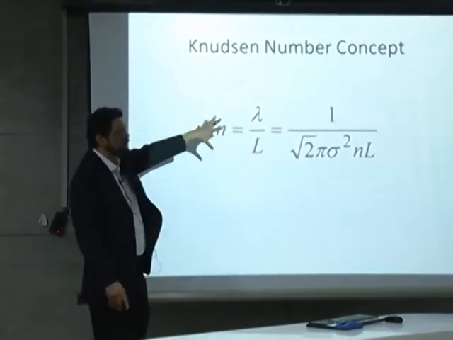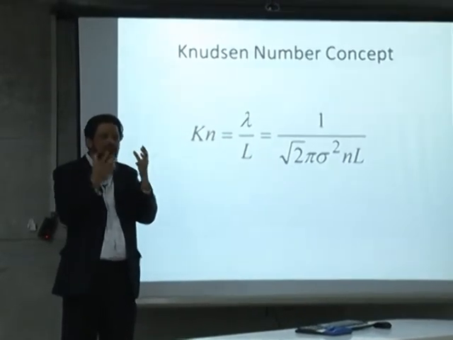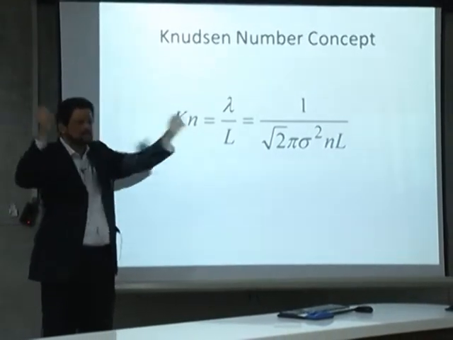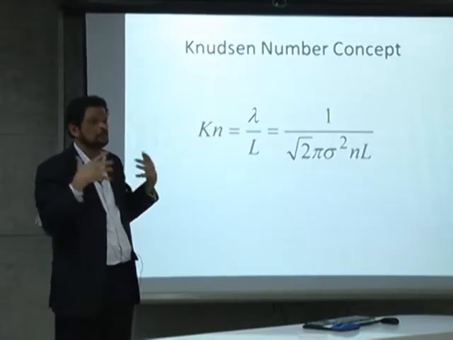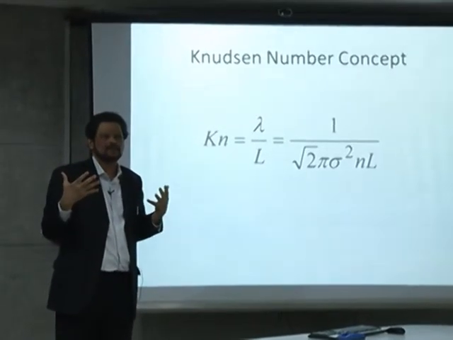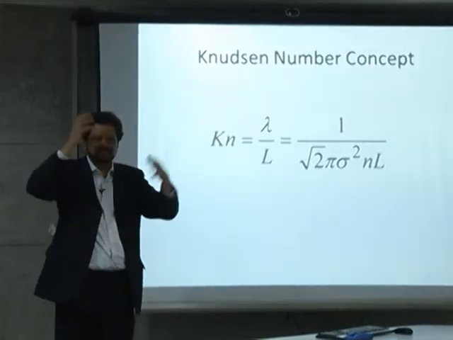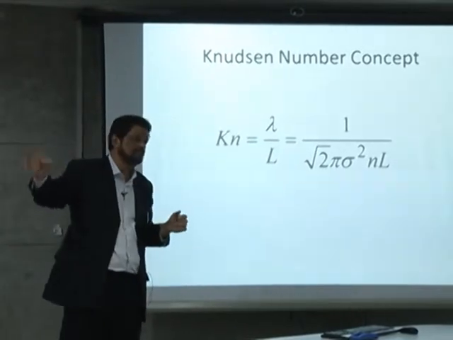What Knudsen number is about is that if you look at the different particles or molecules, oxygen, nitrogen, in air, which are going around and they're hitting each other, their motion, do you know what it is called? That random motion of particles when they hit each other, it's called Brownian motion, right? The particles go around in Brownian motion.